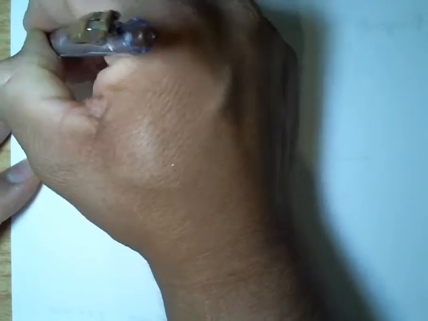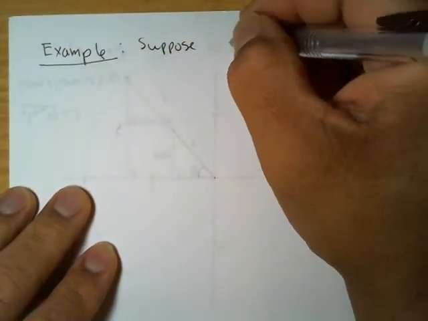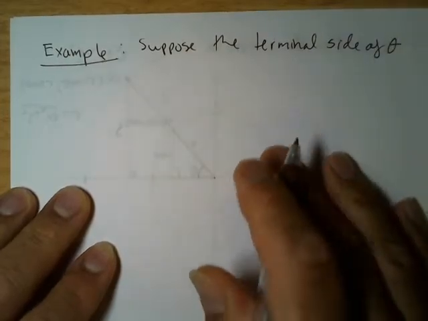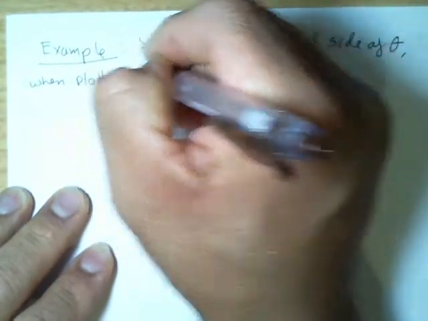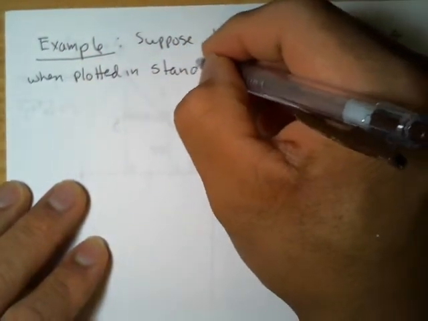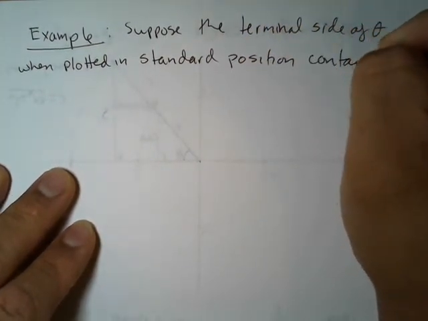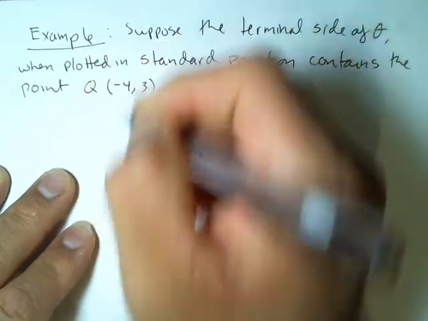Okay, so in this example, suppose the terminal side of theta when plotted in standard position contains the point (-4, 3).